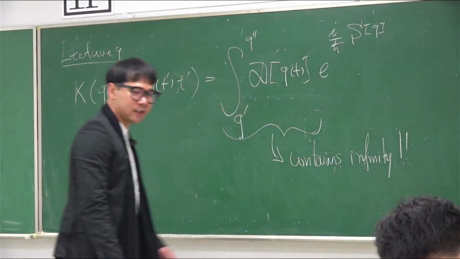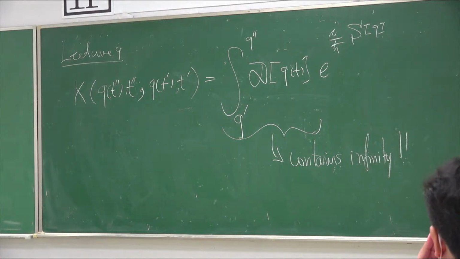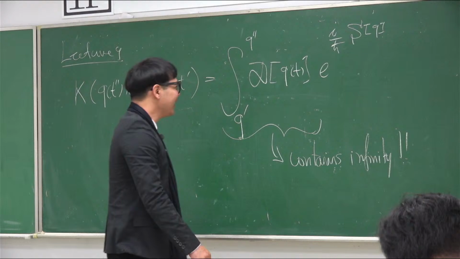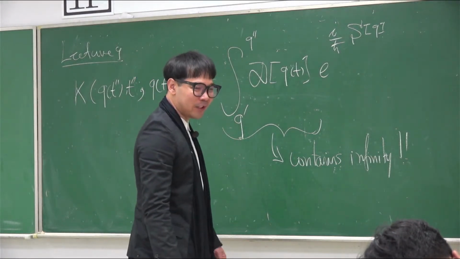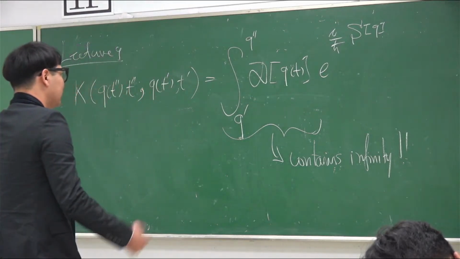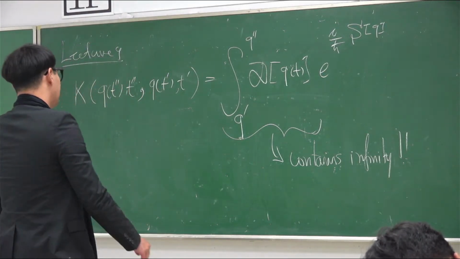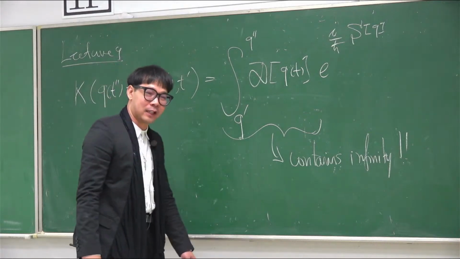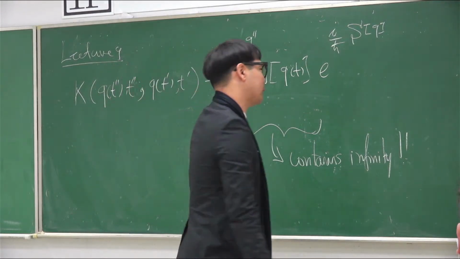Okay, infinity. So we have been kind of cheating by putting infinity in this kind of notation, but this is the beginning of how we get the propagator in compact form.